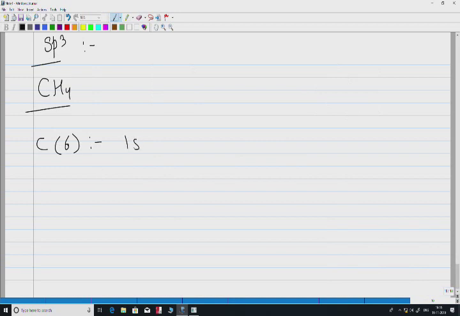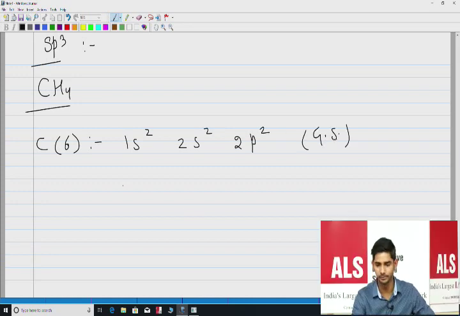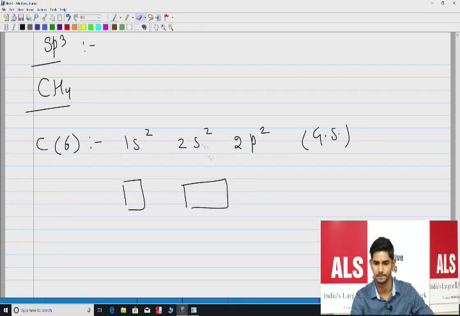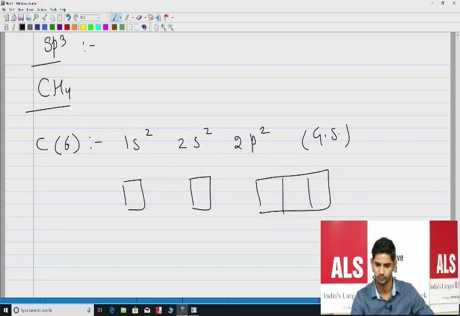Okay, carbon 1s2, 2s2, 2p2. This is the ground state. This time, guys, I am directly drawing the excited state. See, this is the ground state, but I have to draw the excited state.